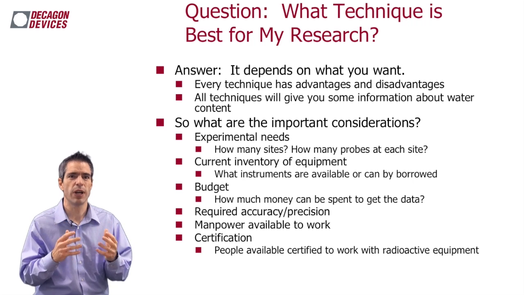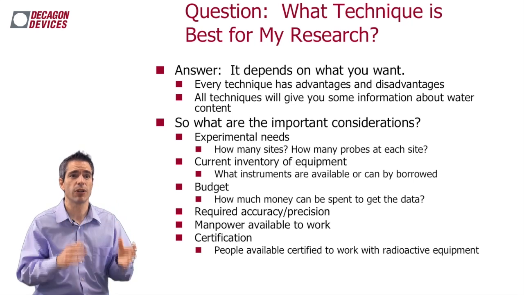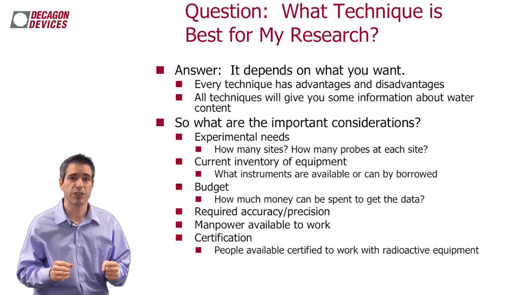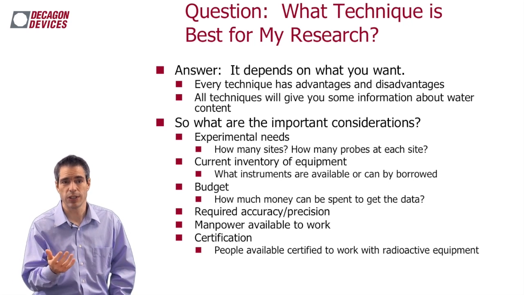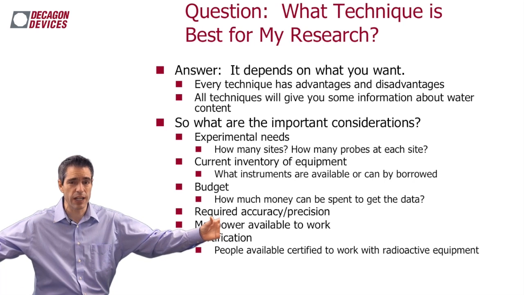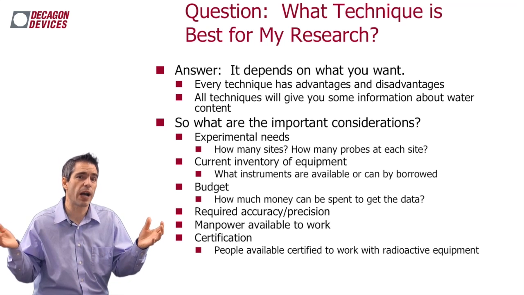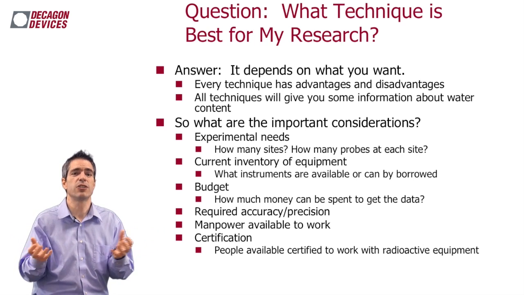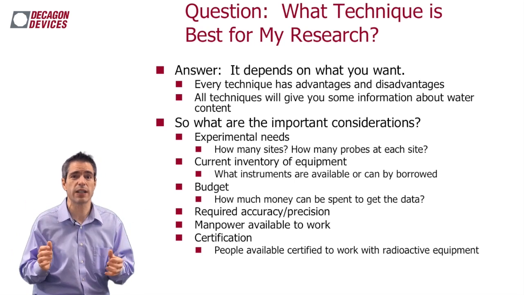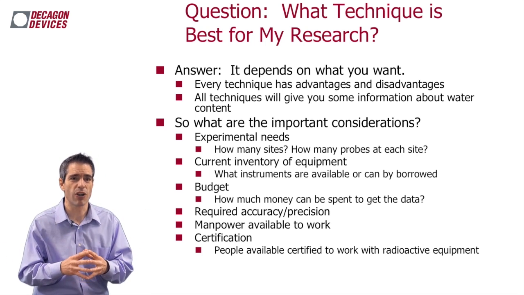So it really depends on what your goals for the experiment are and several other things. What experimental needs do you have? How many sites? How many probes at each site? How far away are they located from each other? What is your current inventory? Do you have a pile of sensors that some other professor or you used back in the day that you can recycle and start on this new experiment?